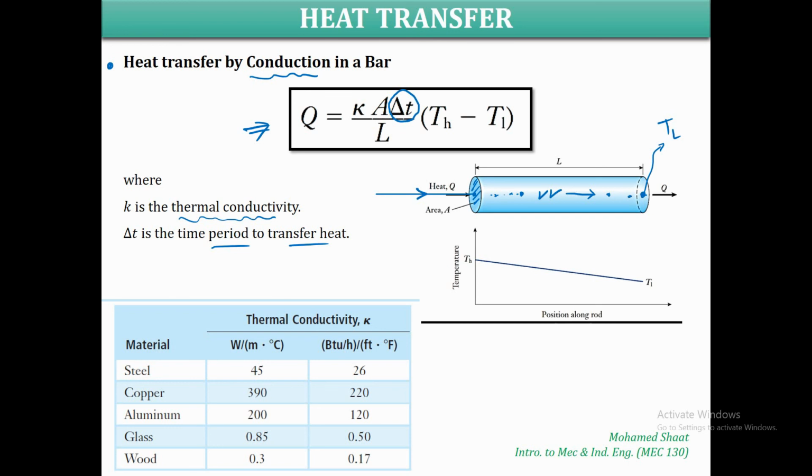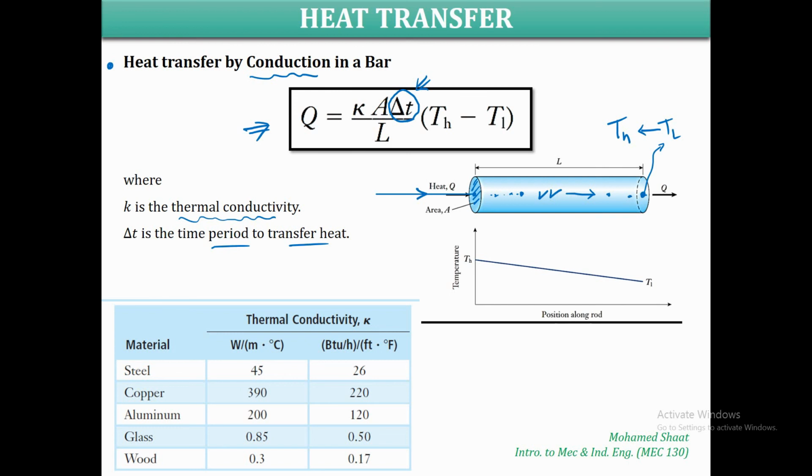So for example, if you keep on sending this amount of heat through this cross section for a certain period of time, what should be the change in the temperature at the other side? The temperature before we sent the heat was T low. After we send the heat, definitely the temperature is going to increase to T high. So what is the new temperature? What is the increase in the temperature?